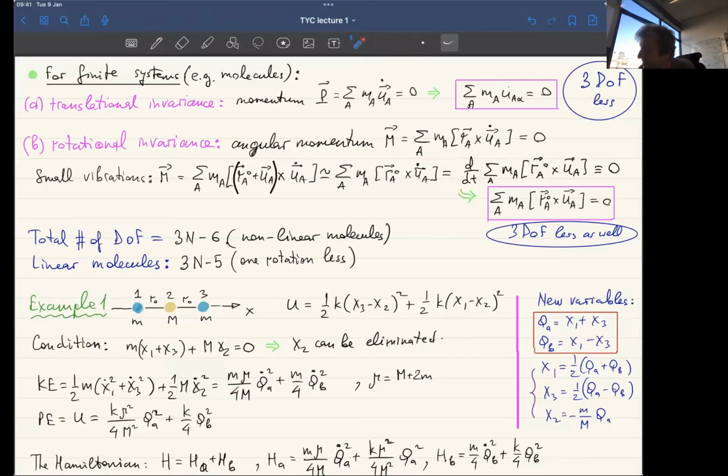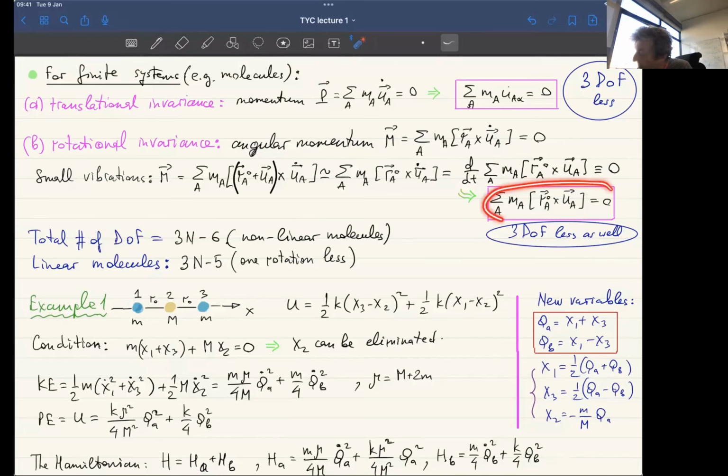If we now take this atomic position as the equilibrium position plus the displacement, and assume the displacements are small, so that the cross product of u and u dot we can neglect, then we arrive at that expression where you have the equilibrium position r and u dot, and again you can take d over dt out of this, and you see that that quantity must be a constant, which you can set to 0.